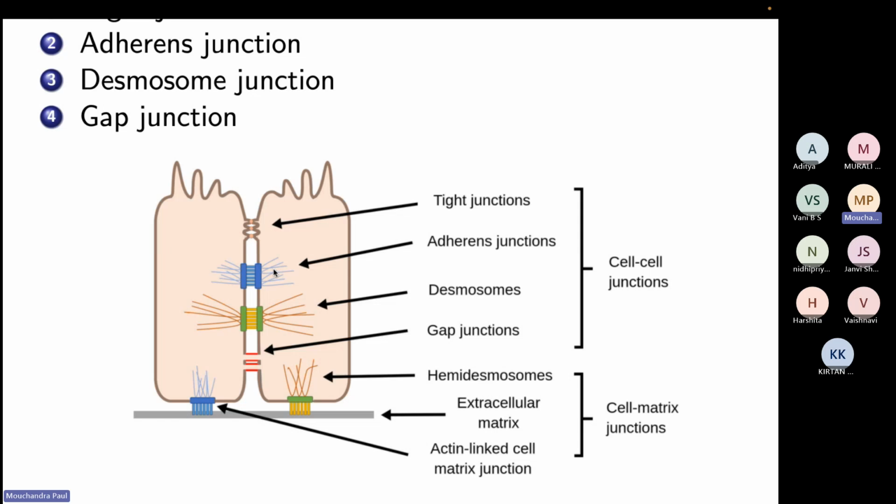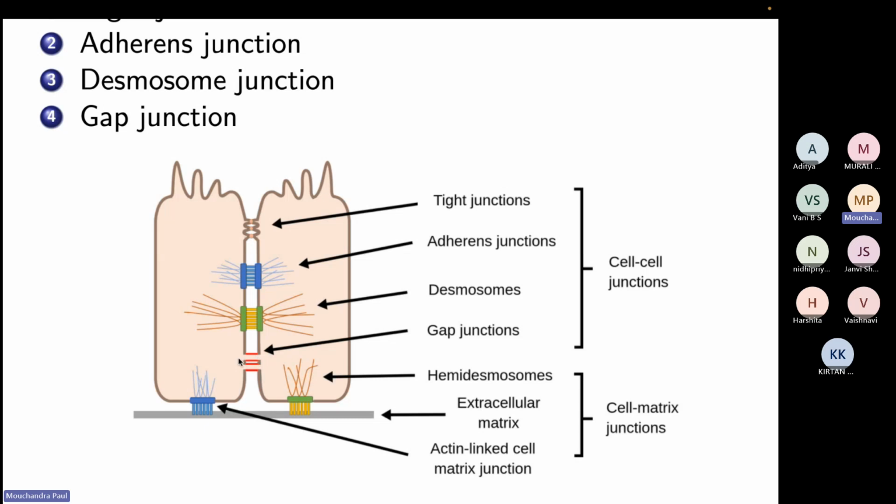Here, the cytoskeleton actin filaments of this cell and this cell are linked with each other through the adherens junction. So again, a mechanical contact between the cells is formed. In the desmosome, the keratin intermediate filaments are linked between this cell and this cell.